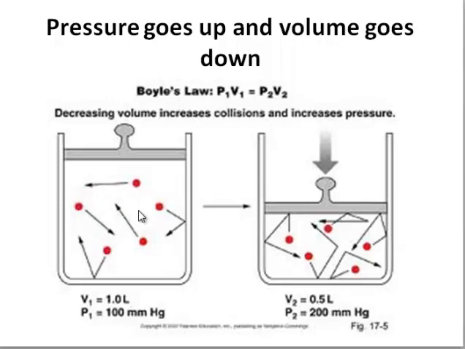But what this cartoon is supposed to illustrate is that as this piston comes down, the pressure applied to this gas goes up, and naturally its volume goes down. And here we see a V1 and a P1, and a matching V2 and P2. What we see in this picture is that the volume goes down, pressure doubles.